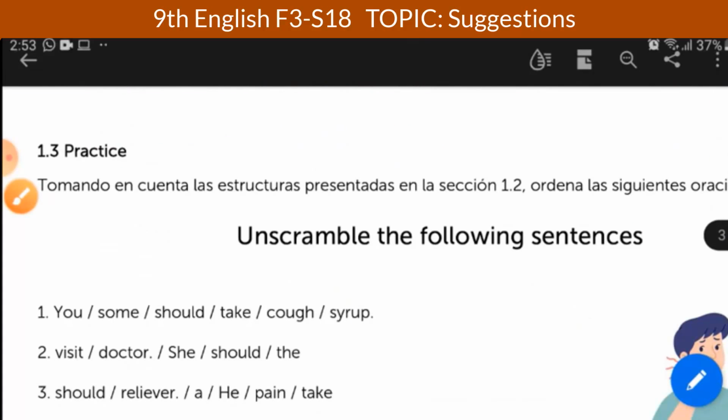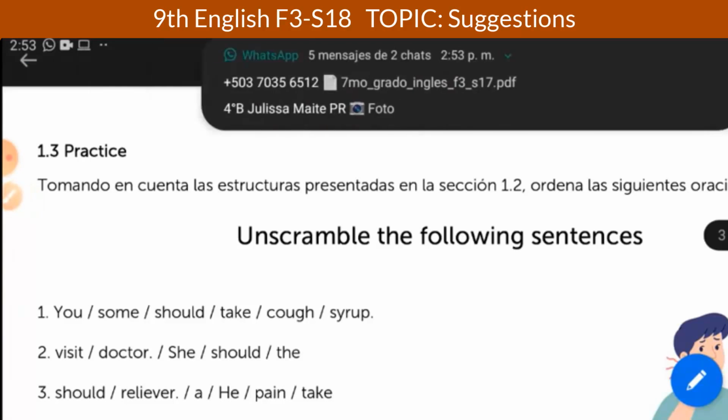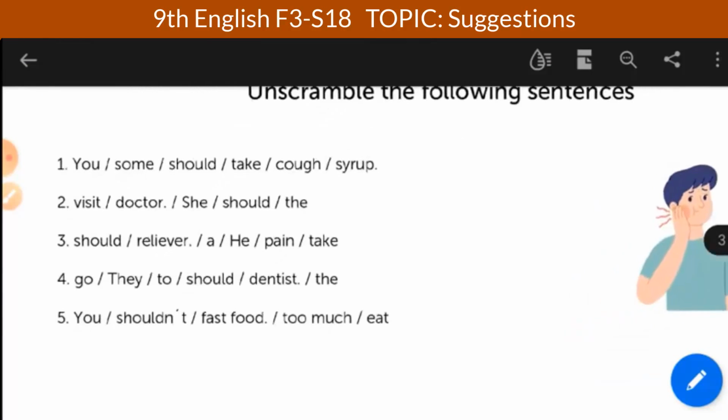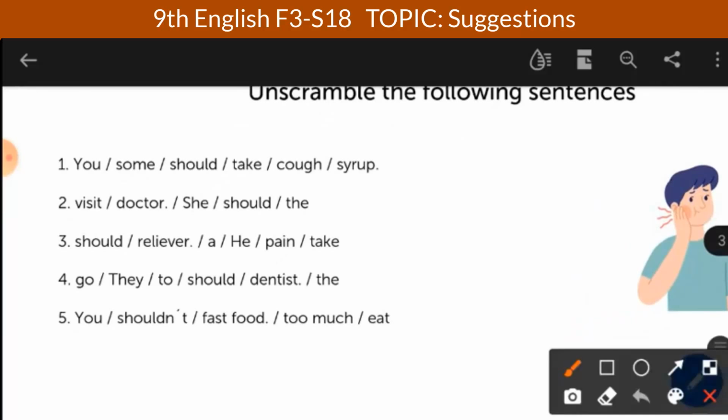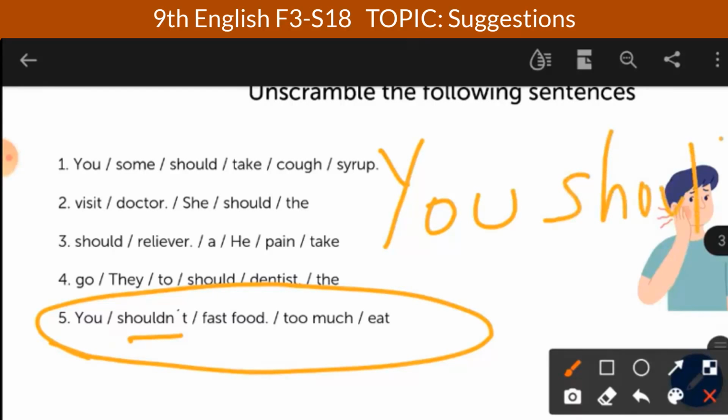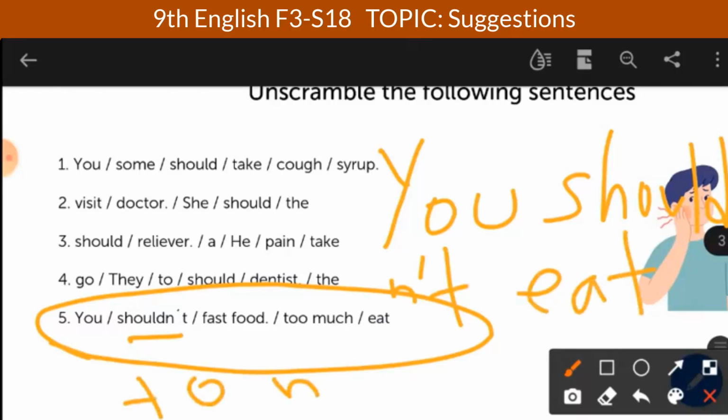Tomando en cuenta las escrituras presentadas en lo que acabamos de ver, ordena las siguientes oraciones. Okay, you have to put them in order. Vamos a hacer una. Hagamos la number 5. Let's do number 5. You shouldn't eat too much fast food.